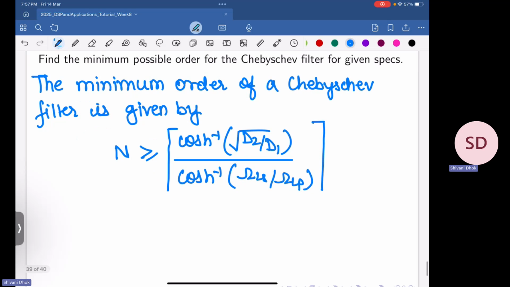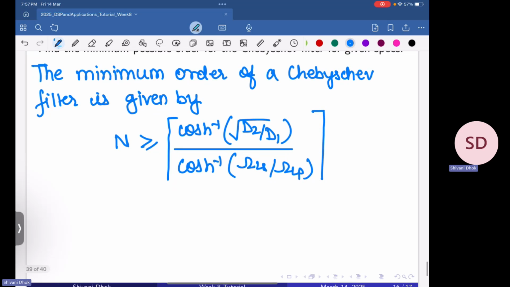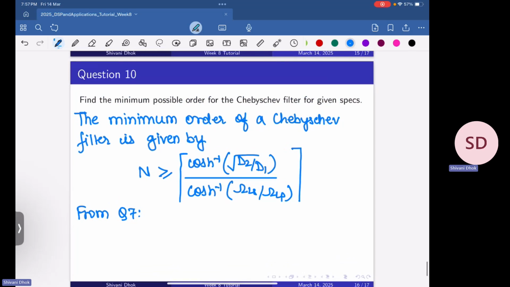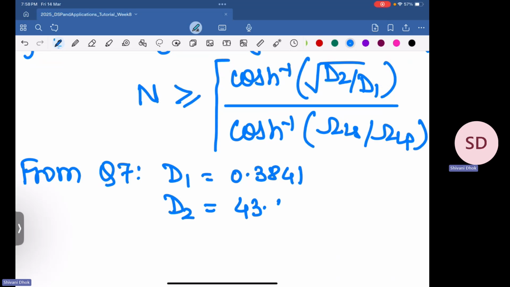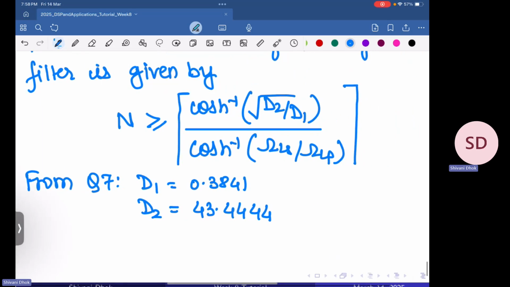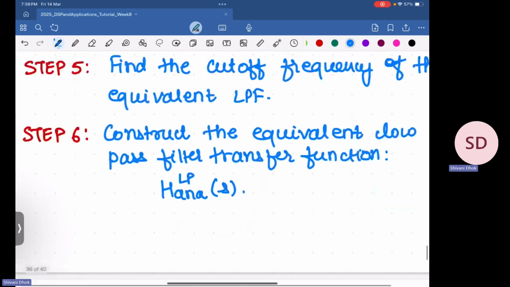Okay, so now from question 7, d1 is 0.3841, d2 is 43.4444. We had found this. Then this omega_ls and omega_lp we will see.